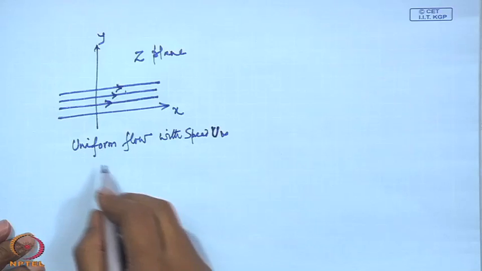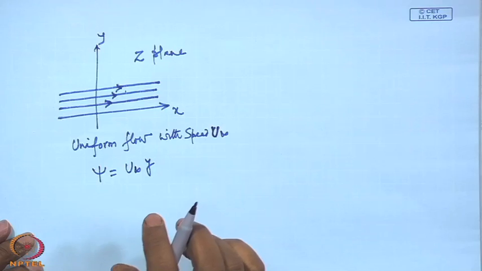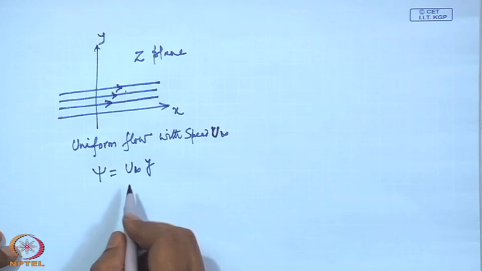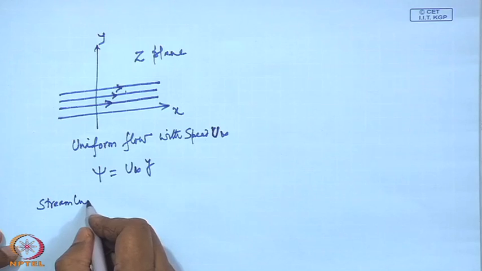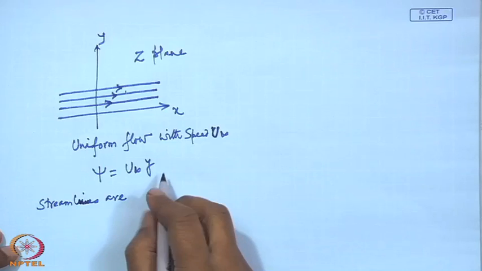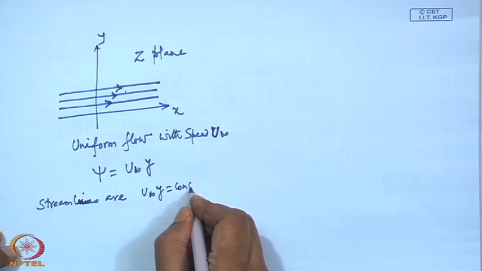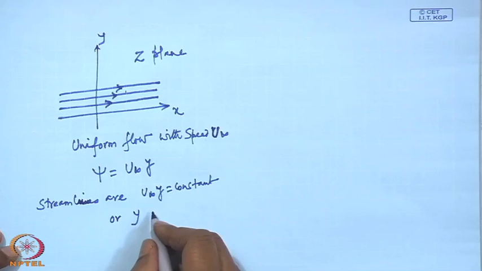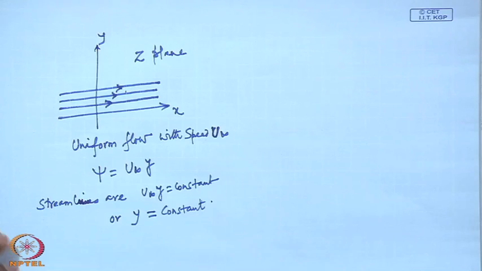So, the streamlines are what? The stream function is u infinity y, and the streamlines are given as u infinity y equal to constant, or simply y equal to constant.